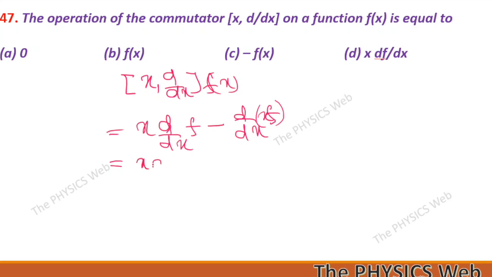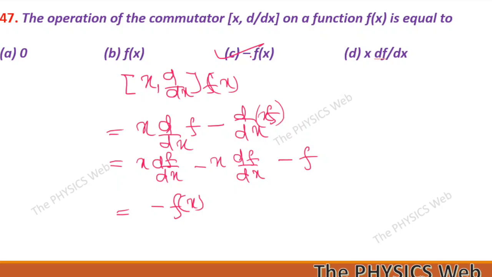So x df by dx minus x df by dx minus f, because dx by dx is 1. So the first two terms will cancel out, and this will be minus f of x. So C is your correct option.